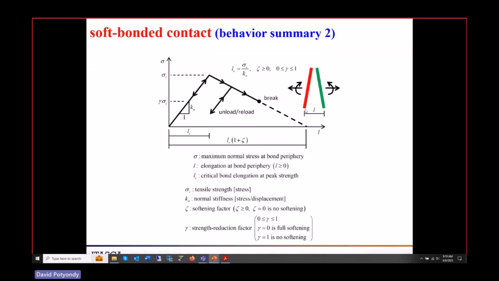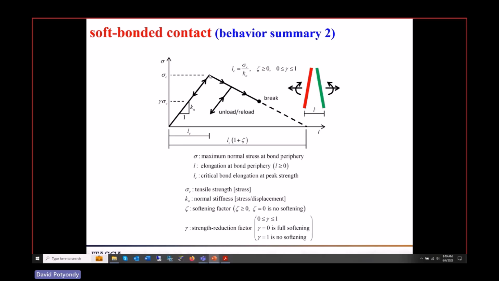This is the outer fiber stress here. These are the two surfaces. The two surfaces are getting rotated relative to each other and they're getting pulled. We compute the outer fiber stress. That's what sigma is. This is the distance between them. And we notice that it goes up. The stress here is tensile. It gets bigger and bigger.